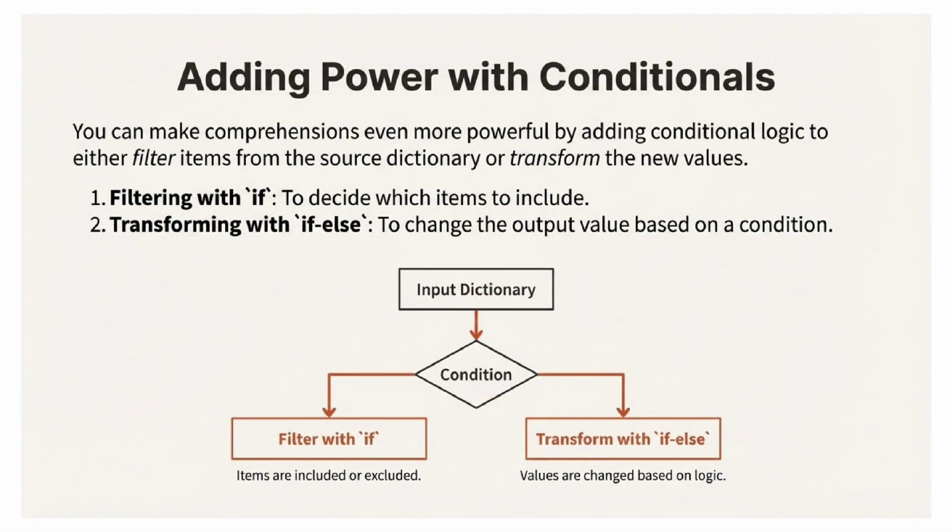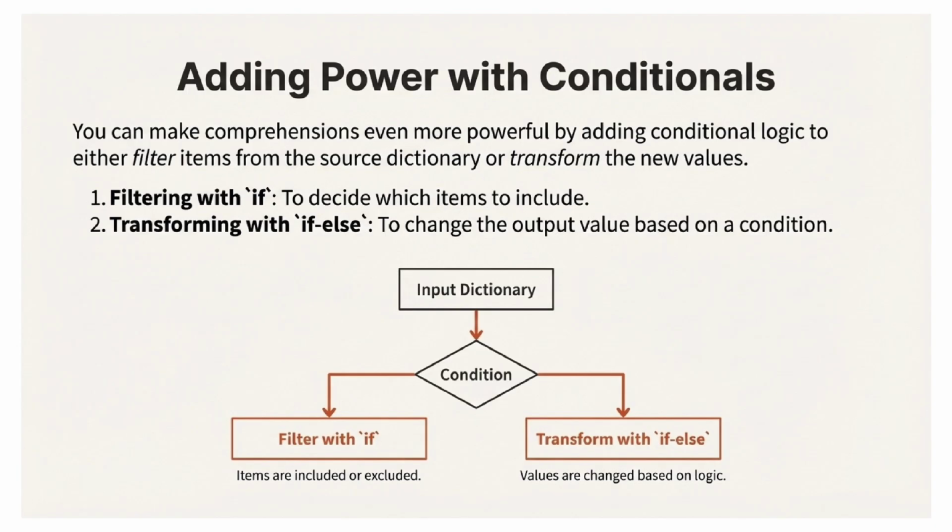Let's now learn how to make dictionary comprehensions more powerful using conditions. Sometimes we do not want to include all items from a dictionary, or we may want to change values based on a rule. There are two main ways to use conditions. First, filtering with if. Here, the condition decides which items are included. If the condition is true, the item stays.